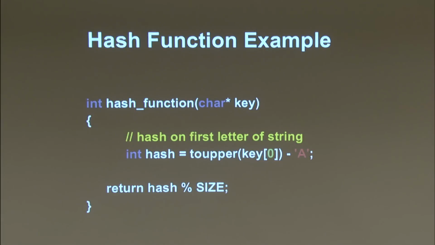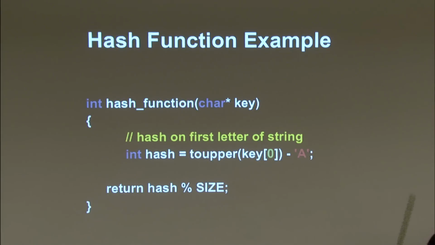Here we have an example, which is just the first letter of the string. So you have some hash that's just the first letter of your string minus A, which will give you some number between 0 and 25. You want to make sure that this represents the size of your hash table, how many buckets there are.